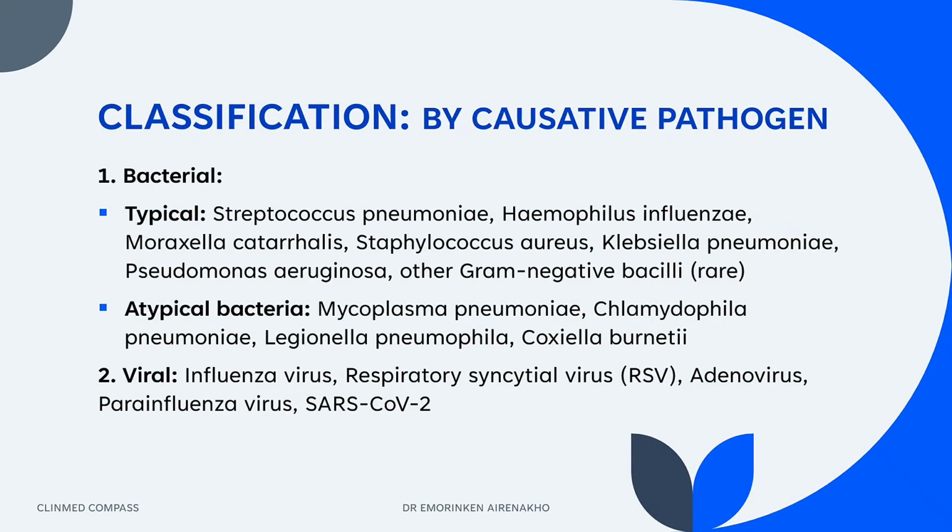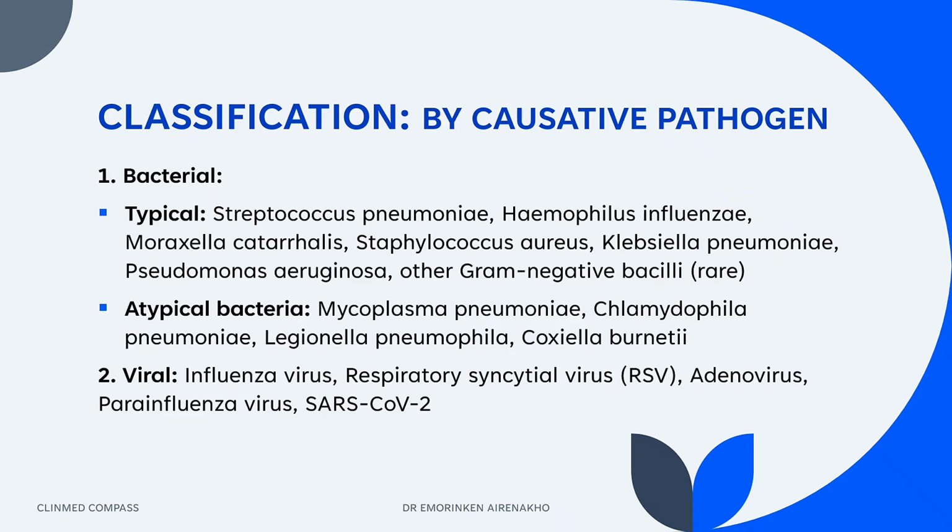Let us talk about the classification of pneumonia. We'll start with the classification based on the causative pathogen. We have bacterial pneumonia, which could be typical or atypical. Typical bacteria include Streptococcus pneumoniae. This is the commonest cause of community-acquired pneumonia.